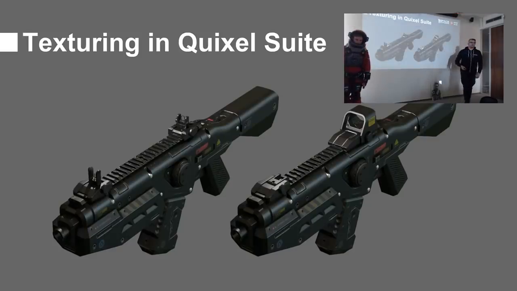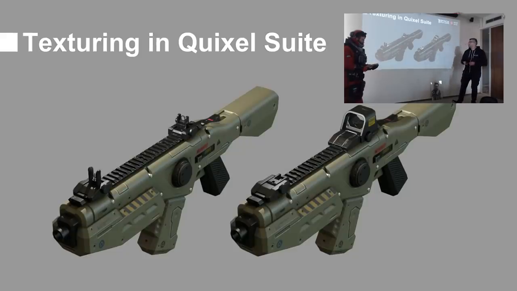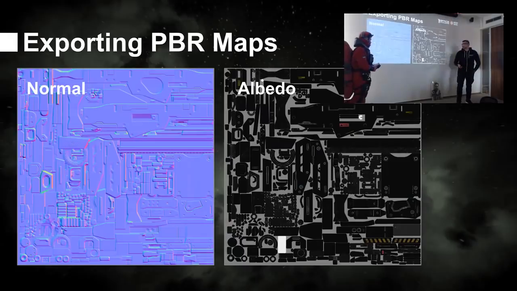So that's the final look. In my texturing workflow I'm using Quixel Suite, but the majority of our guys use Substance Designer, which is also very cool. We have 4 tiers for our automatic rifle, so that's how they look. This is the final version of the automatic rifle.